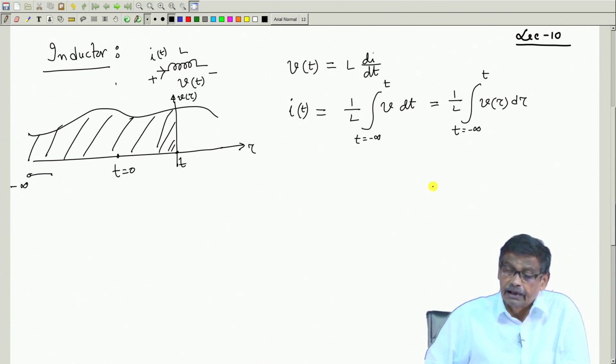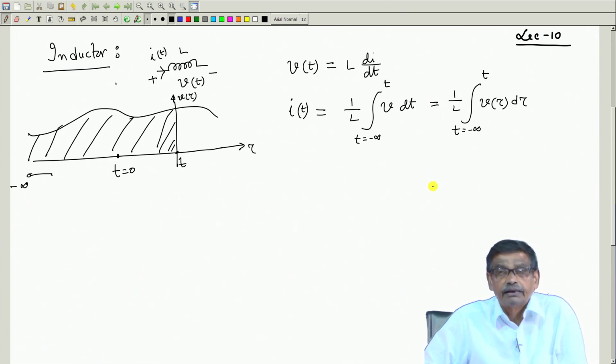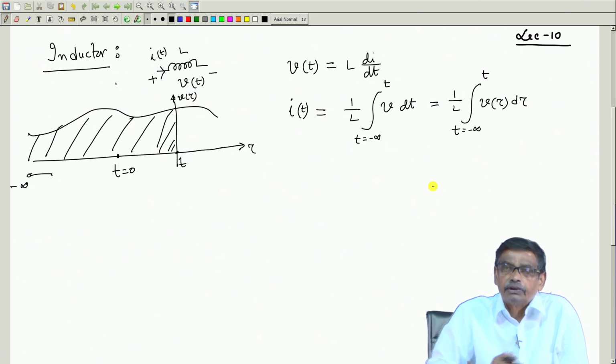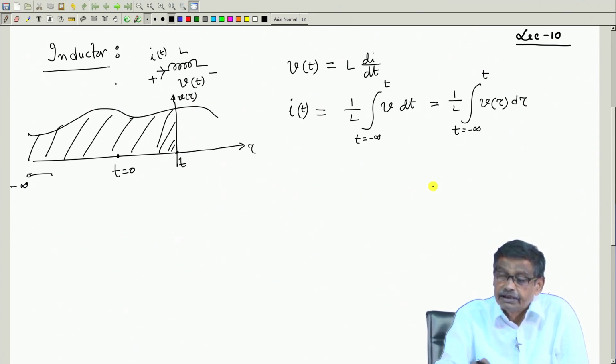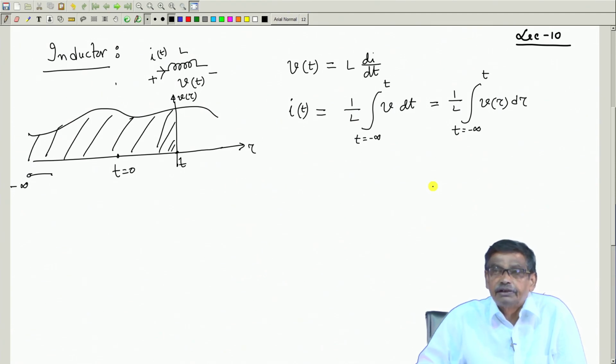Therefore, inductor, unlike resistance, where the present value of the current in the resistor is dependent solely on the present value of the voltage, and no previous voltages are required, in case of inductor the present value of the current depends upon the past history of the voltage that we applied across it.